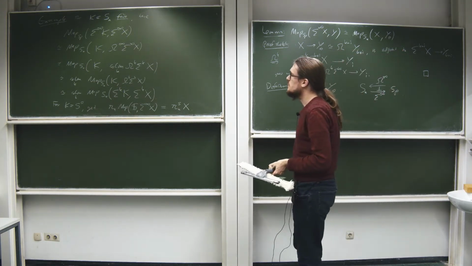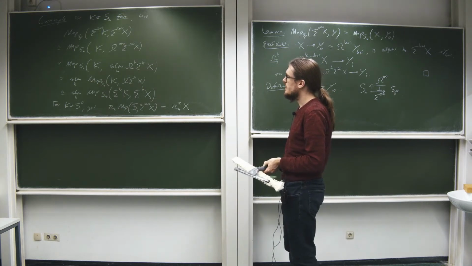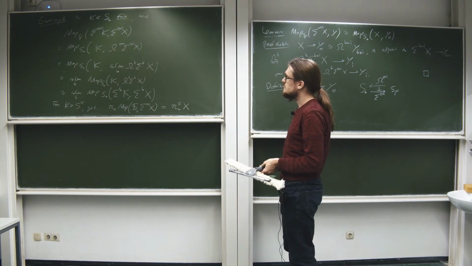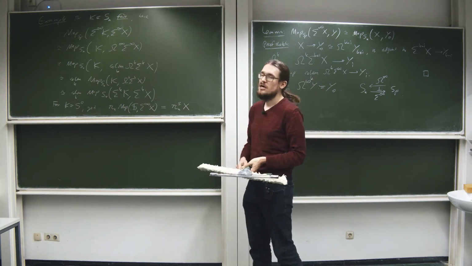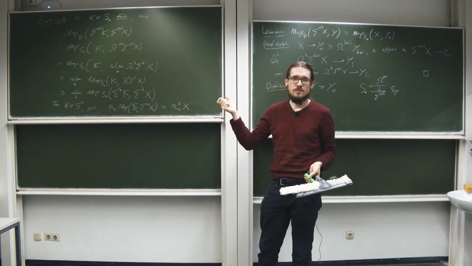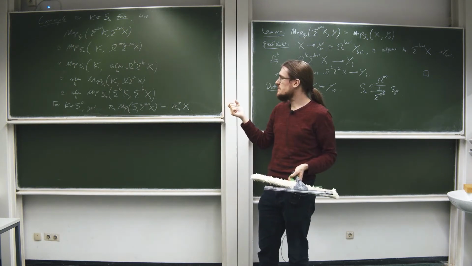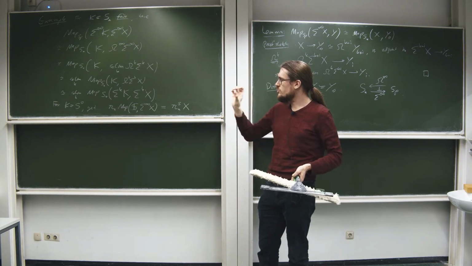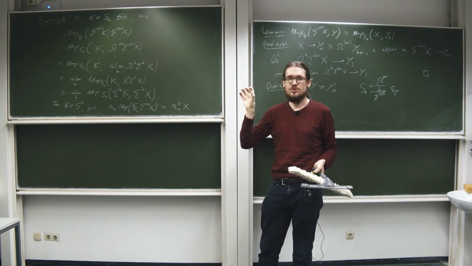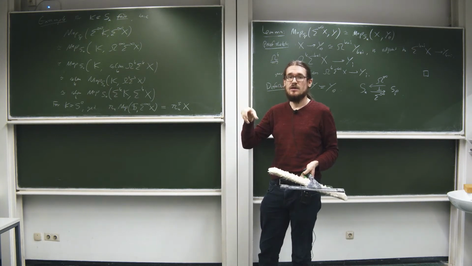Maybe at this point, since I haven't mentioned that yet, since spectra have these D-loopings built in, there's an Eckmann-Hilton style argument that tells you that on homotopy classes of maps between two spectra, you actually have an abelian group structure.